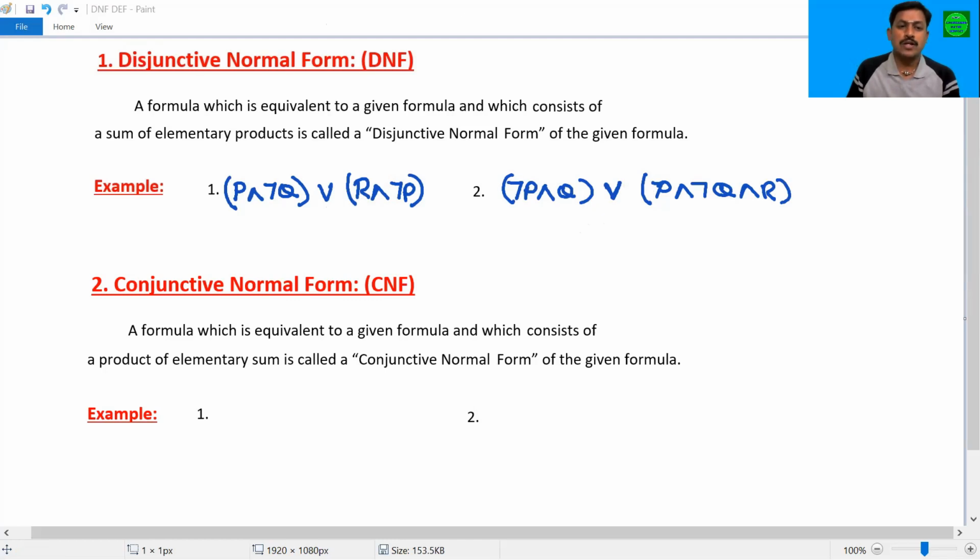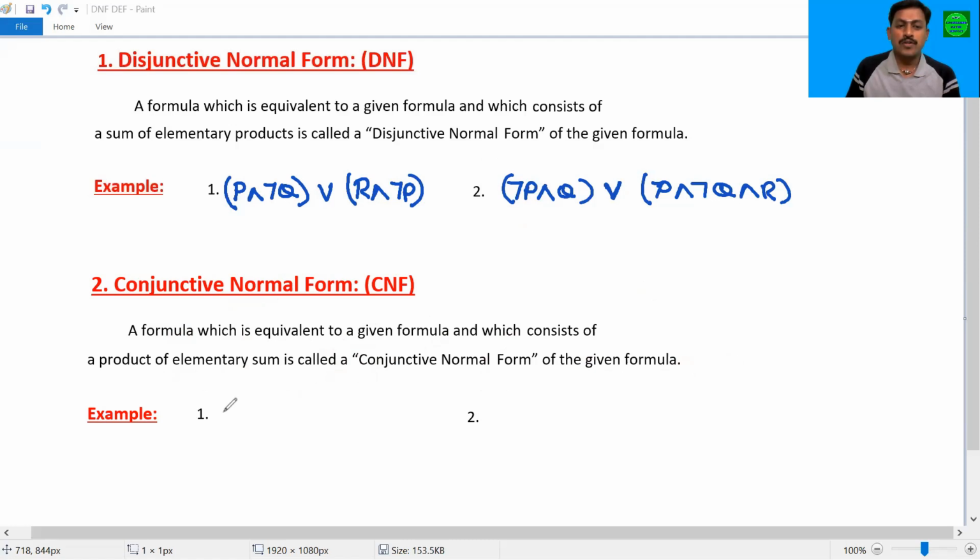The next definition, conjunctive normal form. A formula which is equivalent to a given formula and which consists of a product of elementary sums is called a conjunctive normal form of the given formula. Example, for the conjunctive normal form, we are going to consider any elementary sum.